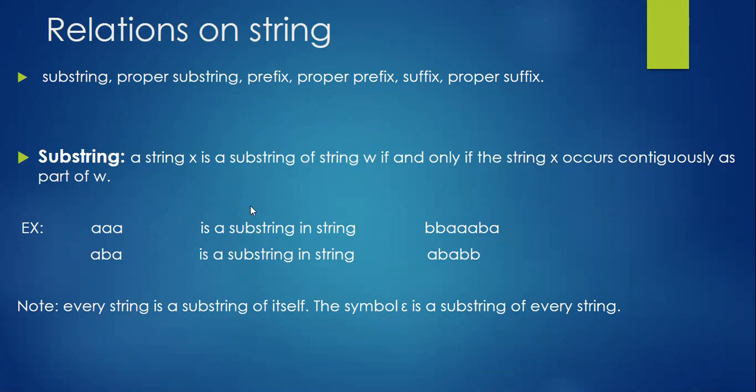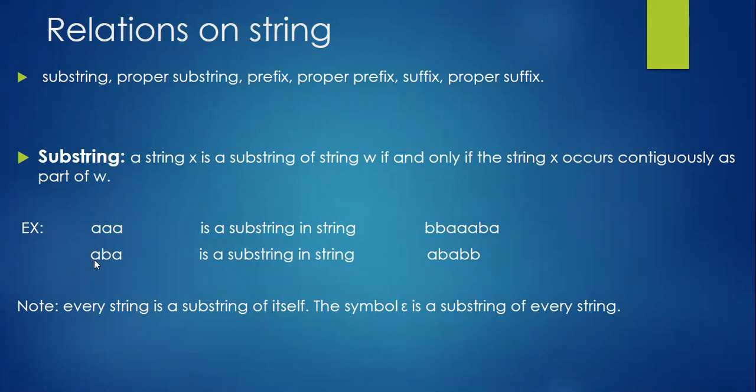You can observe that triple A is continuously appearing in this second string. You need to consider the first as X and the second as W. When we call it a substring, if X is continuously appearing in W, in any location, it may be in the beginning, in the middle, or at the last, in any location of string W, then we call X a substring of W.